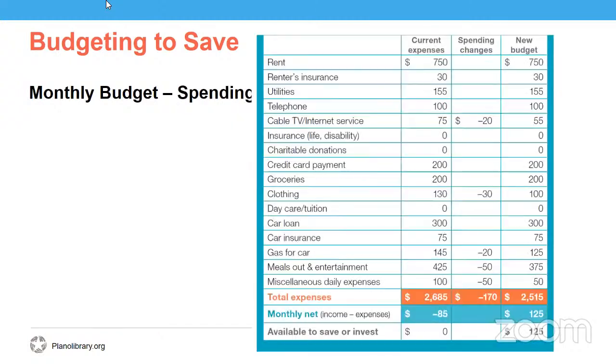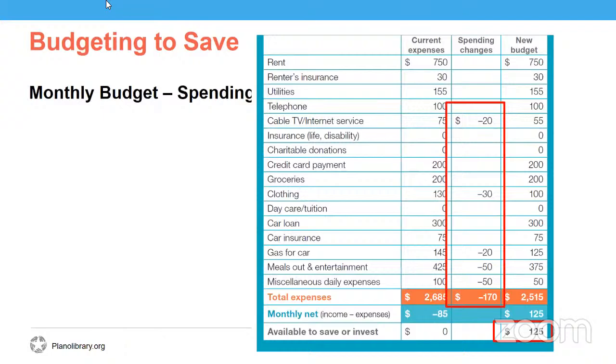And next, she needs to determine how to lower her spending. So here's her original spending, and she decides she wants to cut back around $170 in various categories. So she's now saving $125 a month instead of overspending $85 a month.